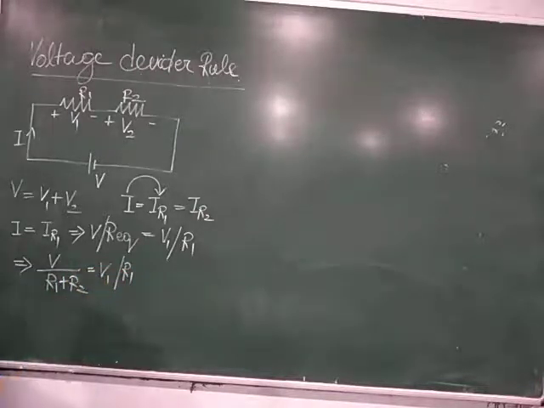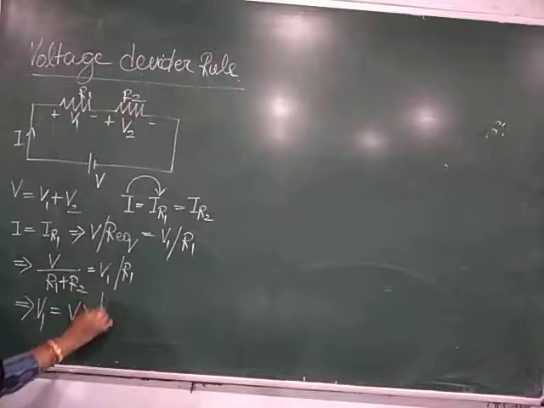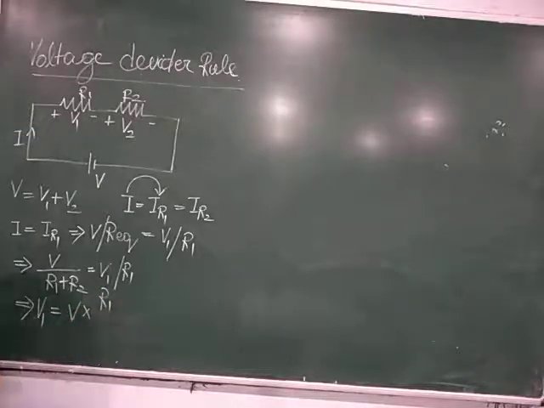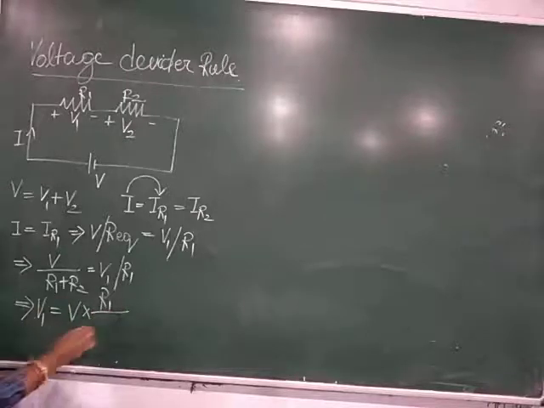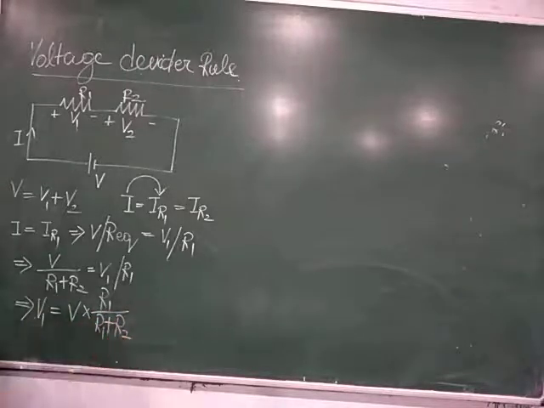From this, you get the voltage V1 is equal to total voltage V into the resistance of that branch whose voltage is to be calculated, divided by total resistance connected in series.